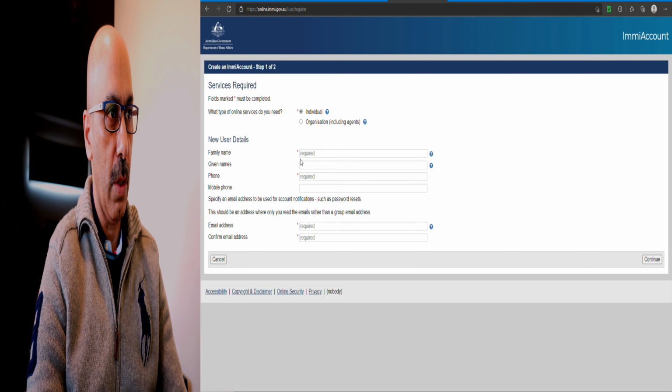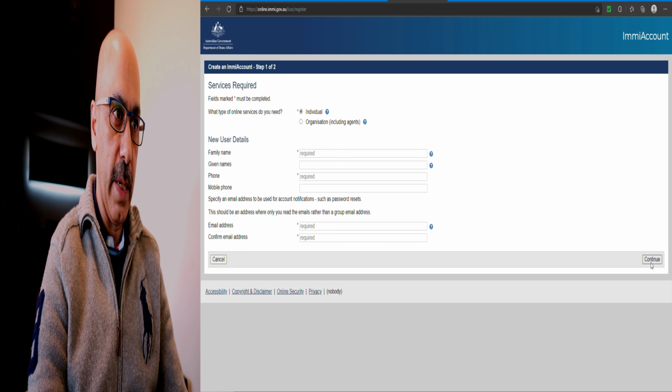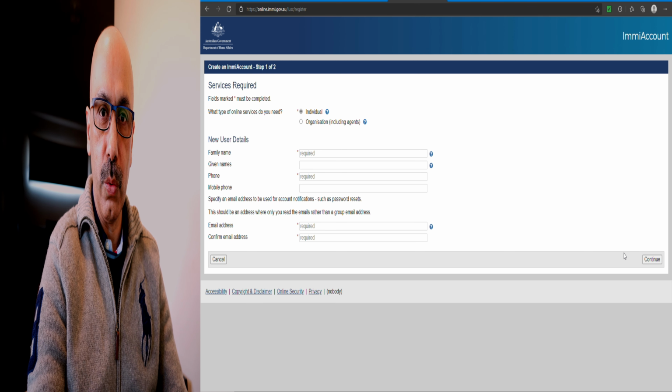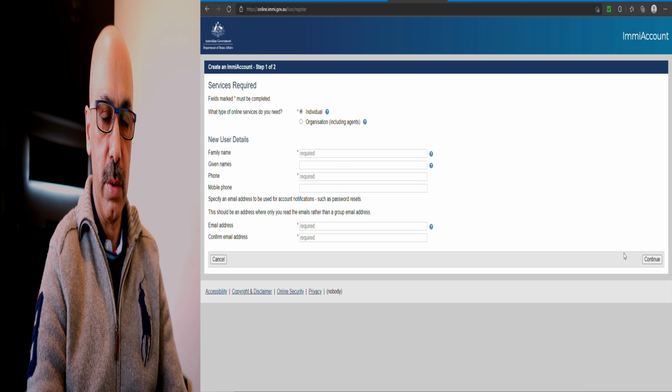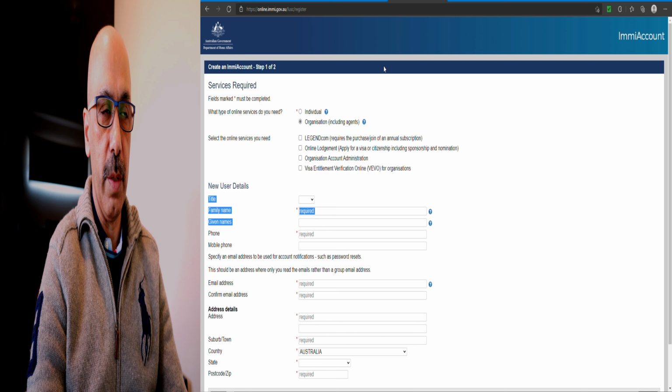Here you need to write down your family name, given name, phone number, mobile number, email address, and confirm your email address, and then click continue, and then you will go through different steps to create your IMI account, and then from there onwards you will be able to apply for this working visa. So that's how you create your IMI account.